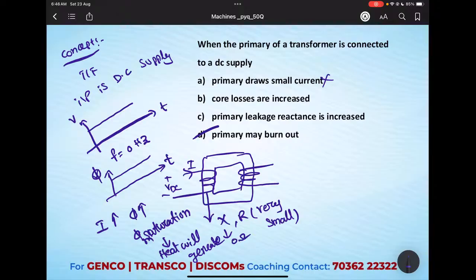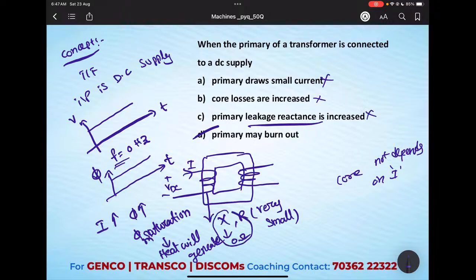What we need to understand is that core losses do not depend on the current. Third is primary leakage reactance is increased. As I already explained, for DC supply frequency is going to be 0, so the primary leakage reactance is going to be 0. This is also not correct.